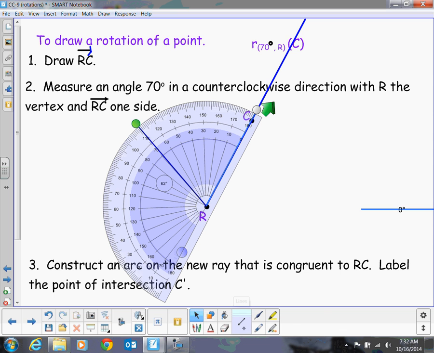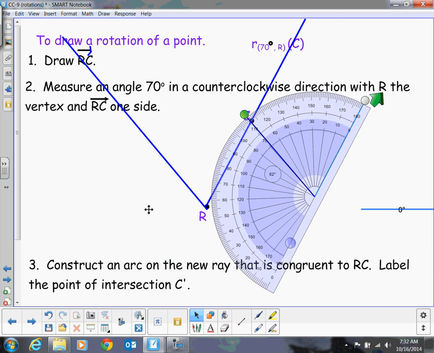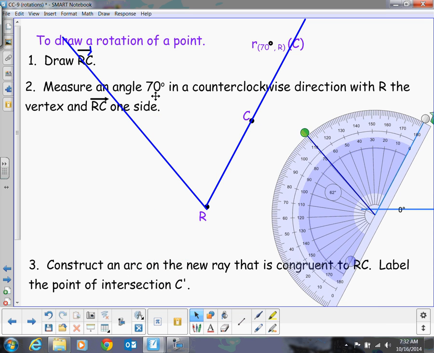So now you make a mark and then you draw a line. So measure an angle 70 degrees in a counterclockwise direction. I could have gone in a clockwise direction, but because 70 was positive, we go counterclockwise with R, the vertex, and ray RC one side. Construct an arc on the new ray.